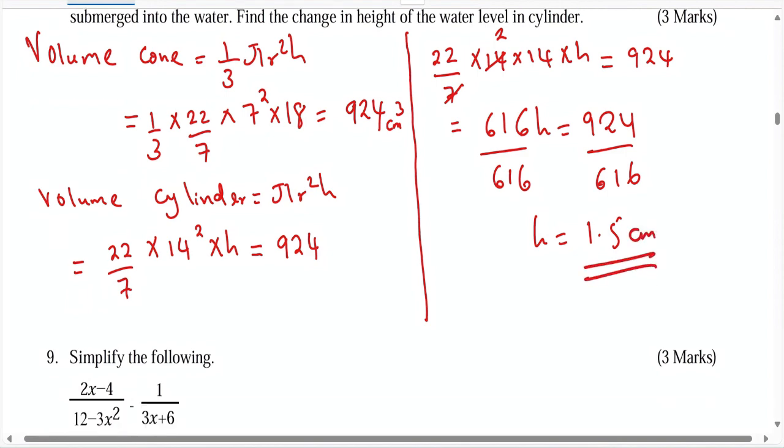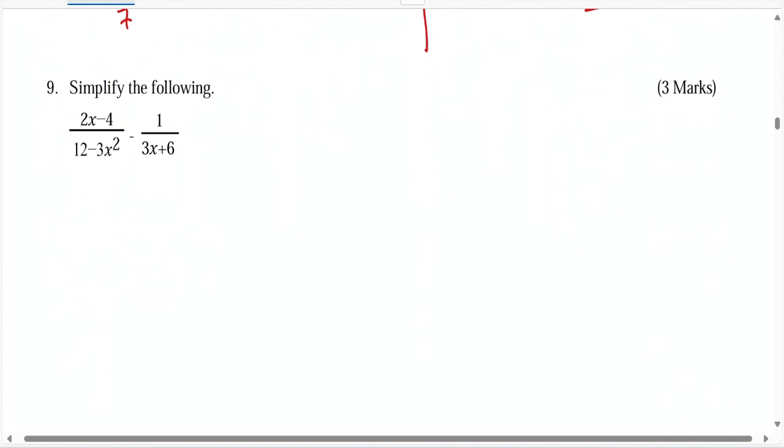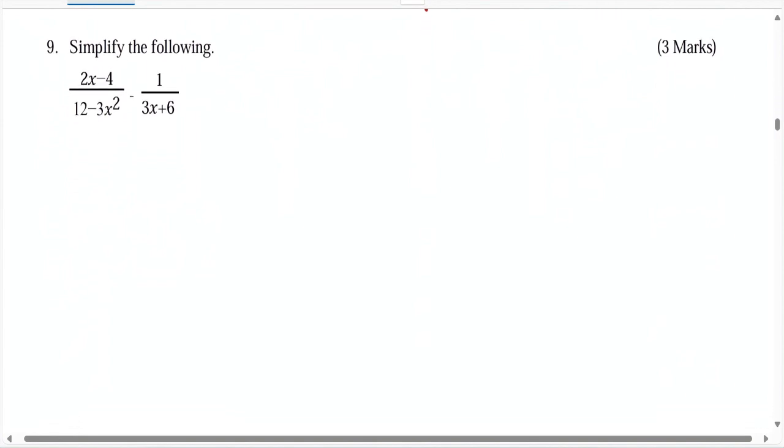Twende kwa question 9. Very easy question. Simplify the following expression. Sawa? So hapo tuko na 2x minus 4 na 12 minus 3x squared minus 1 over 3x plus 6. Sawa? Tuko pamoja. So mwanzo wacha tu nigawanya na mapema. Haya.